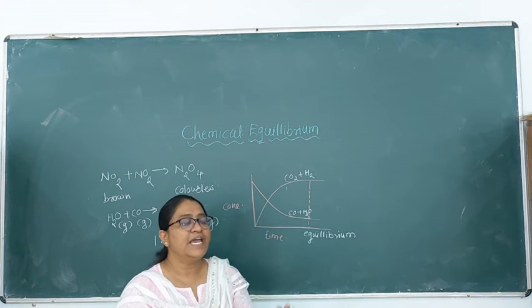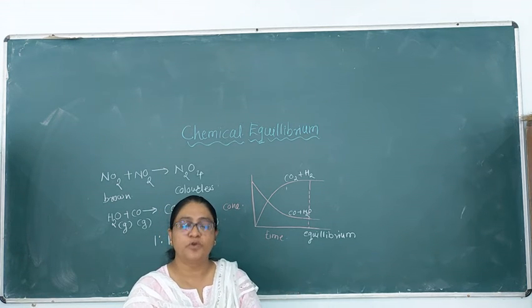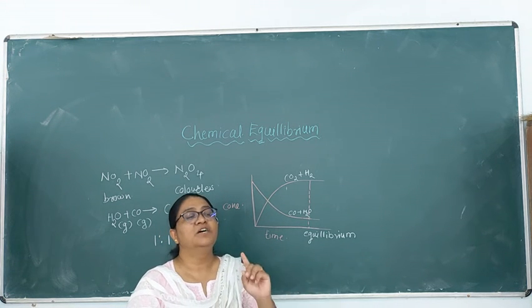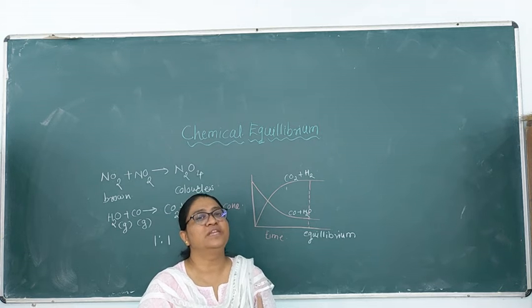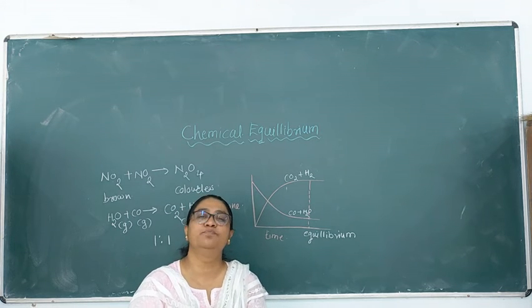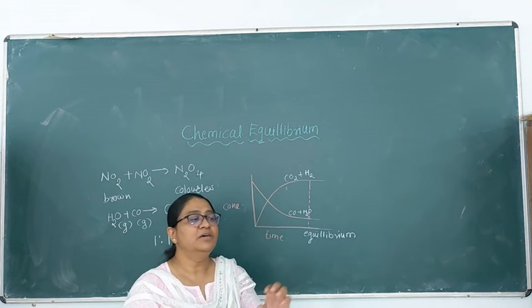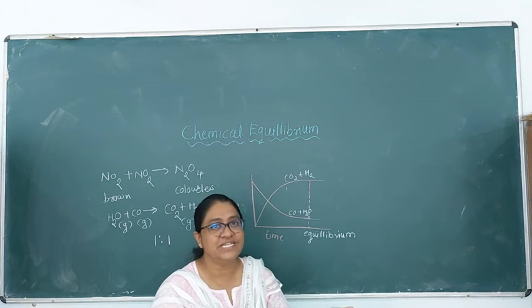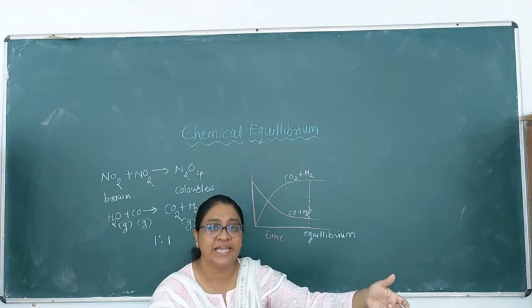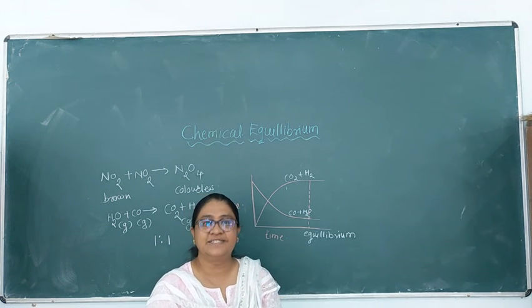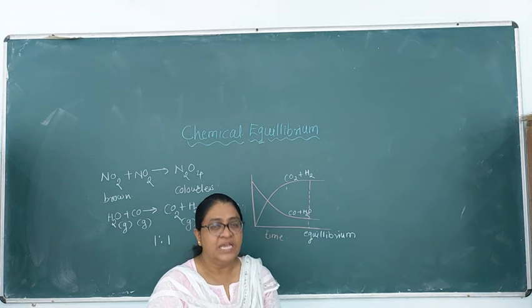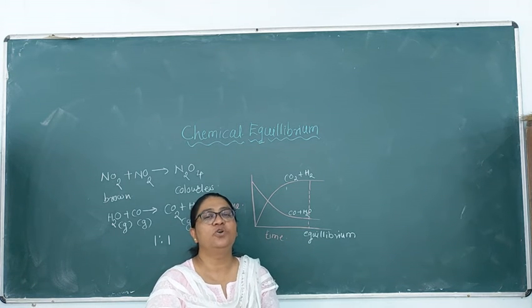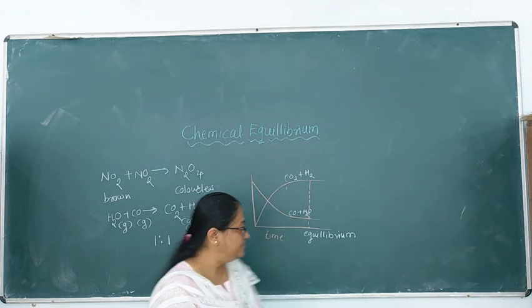The reaction proceeds till the Gibbs free energy of the reaction is minimum. This is the important condition. Whenever we ask how far the reaction extends, it proceeds till the Gibbs free energy of the reaction is minimum.